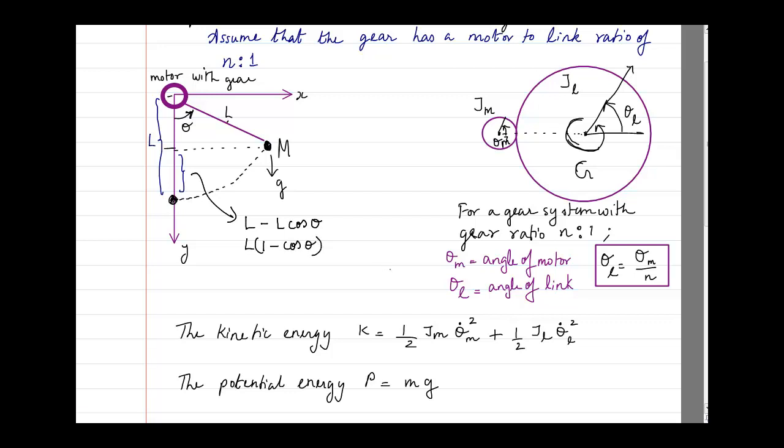So this will become mg, and the height difference is L times 1 minus cos theta. Now what is this theta? This theta is basically theta L.